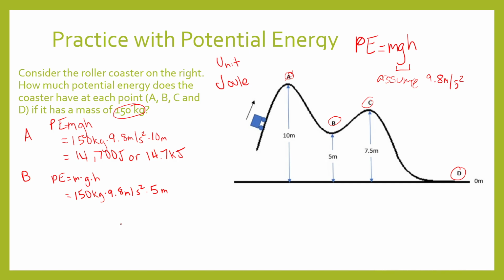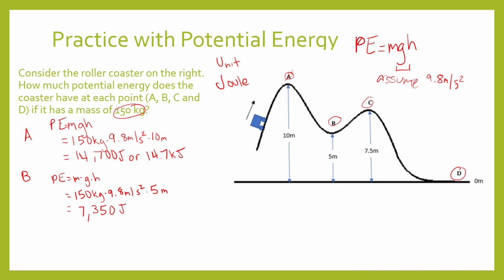So before I even put that into my calculator, if the height is half what it was at A, could you guess what the energy should be if the mass and the gravitational acceleration are the same? If you guessed half, you are correct. 7,350 joules.